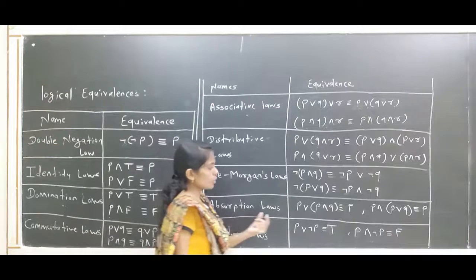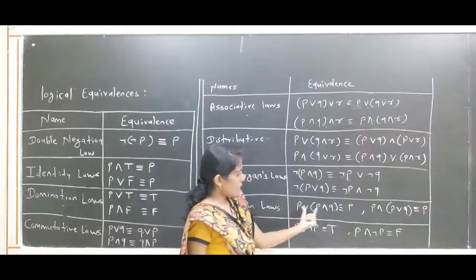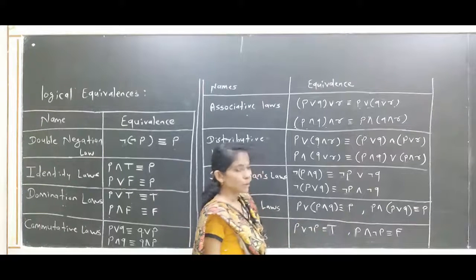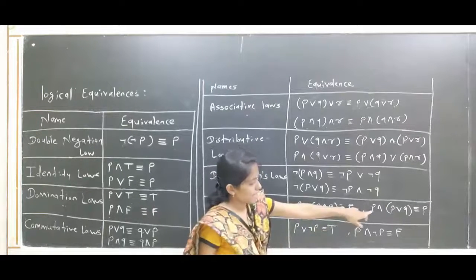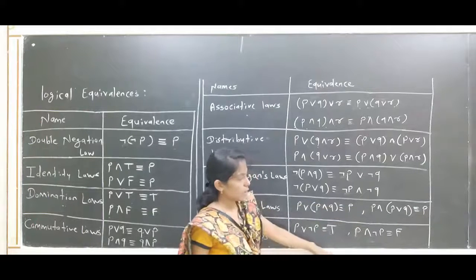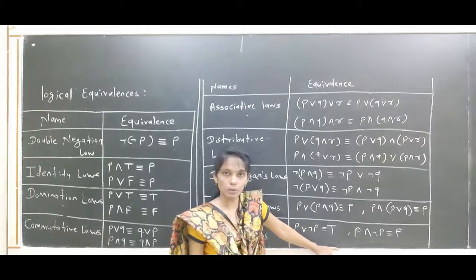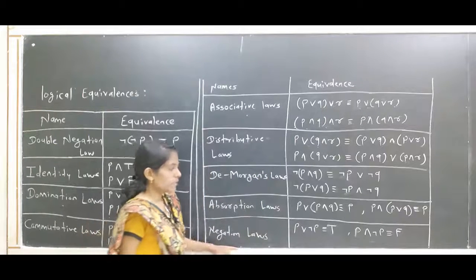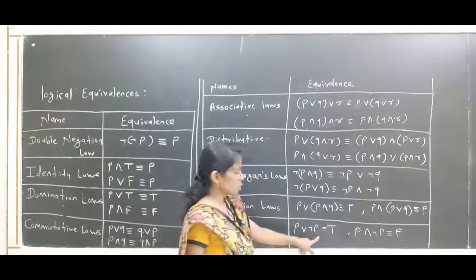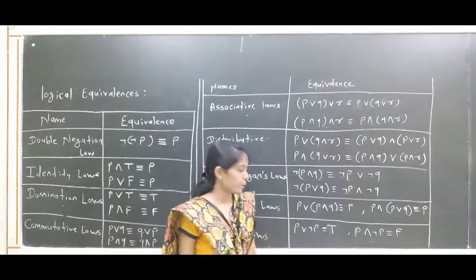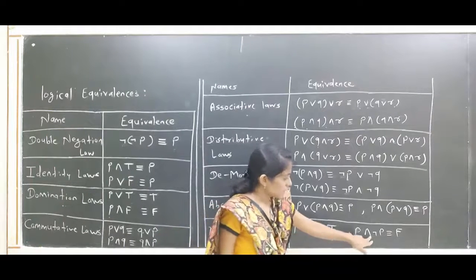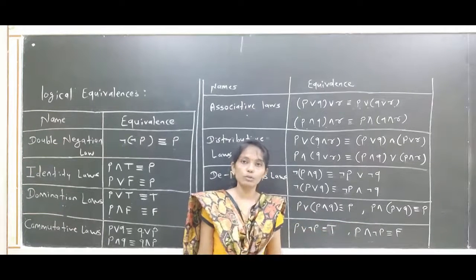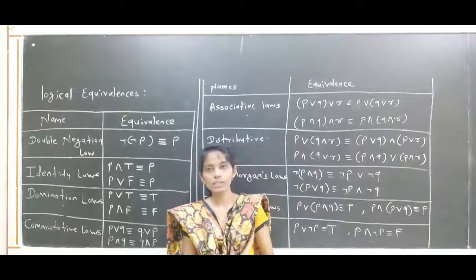First absorption law: P or in bracket P and Q is equivalent to P, and next, P and in bracket P or Q is equivalent to P. And the last one is negation law. First law: P disjunction negation P gives truth value true, and P conjunction negation P is equivalent to false, that is, truth value is false.